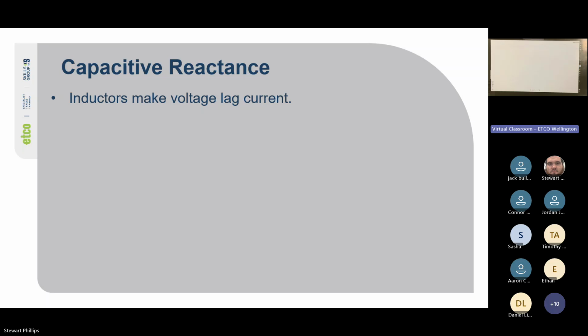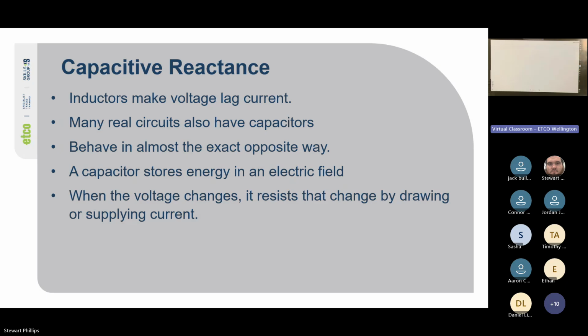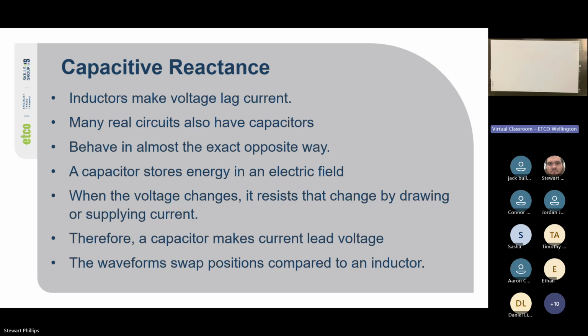But in many real circuits, we also have capacitors, and they have almost the exact opposite effect. A capacitor stores energy in the electric field between its plates, and when the voltage changes, it resists that change by drawing or supplying current. Because of this, in a capacitive circuit, the current leads voltage. The waveforms swap positions compared to an inductor.